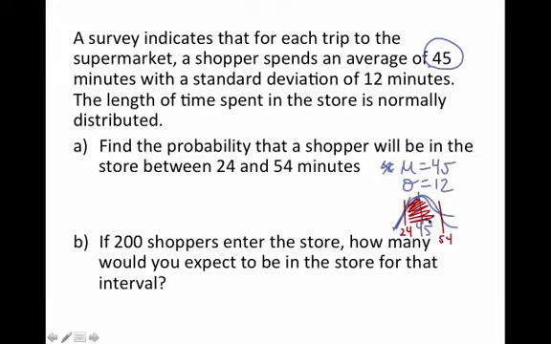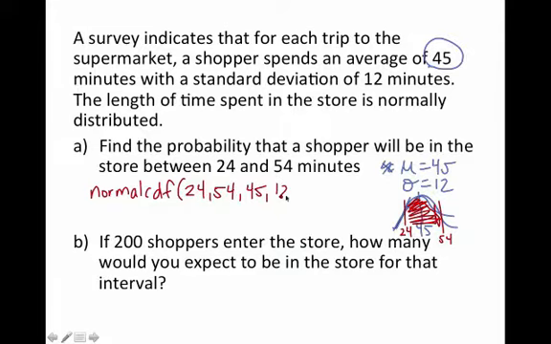If we were doing it by hand, we'd have to find the z-score for both 24 minutes and 54 minutes. But we're going to do it on a calculator, which is super awesome. What we're going to type into our calculator is normal CDF 24, 54, 45, 12.